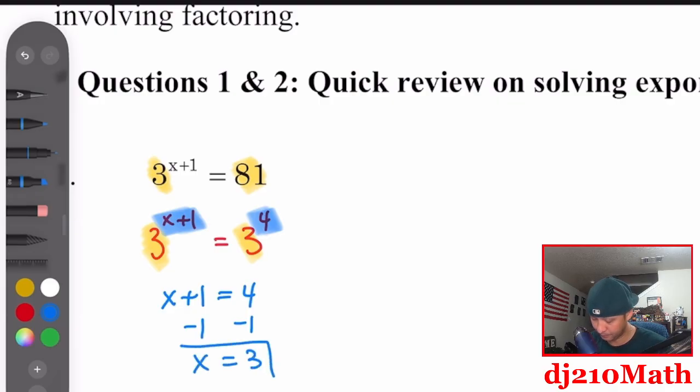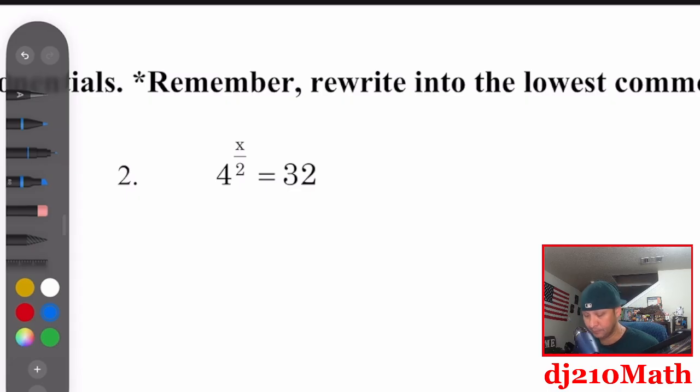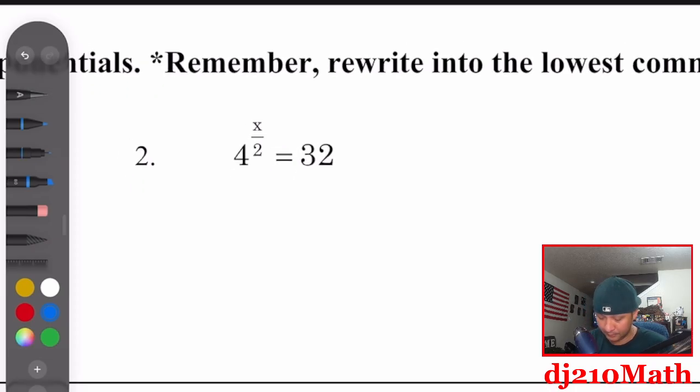Let's try it again. So I want to get the bases to somehow match, if I can. That's the thing, it's if.